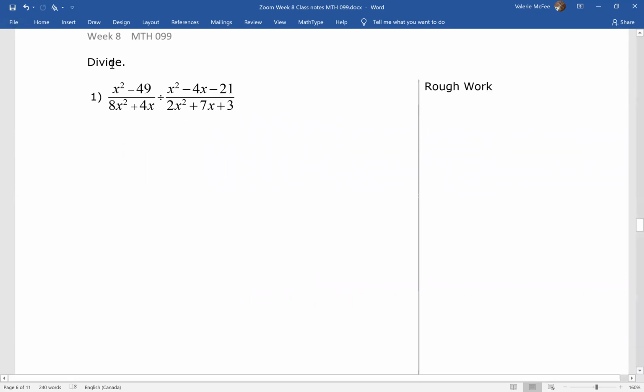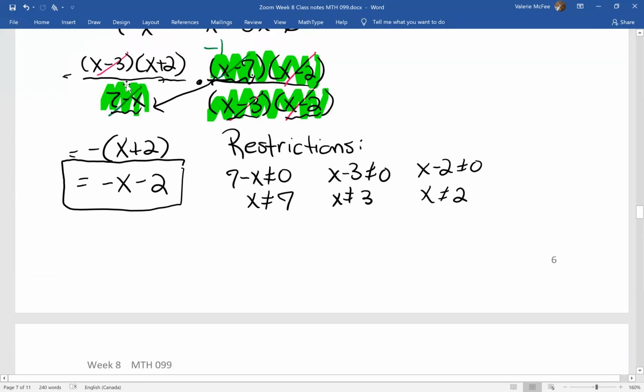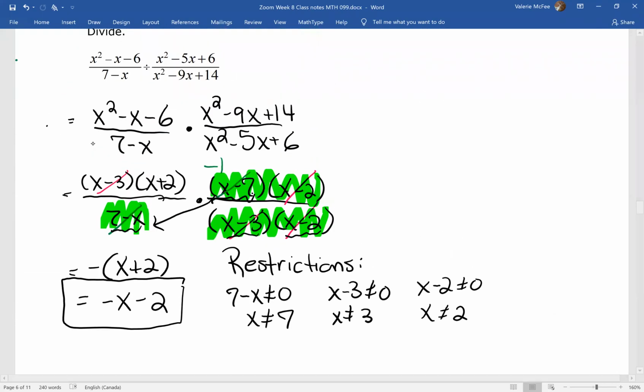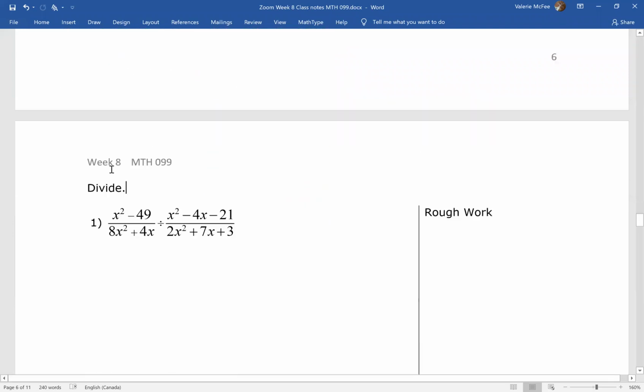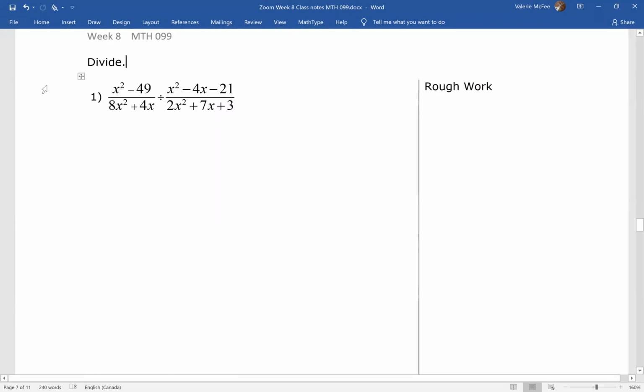I've left you some space here on the side for any rough work, any factoring you need to do, because remember, I don't need to see the work for your factoring here. I just want to see the factored expression. All of that work should be on rough paper. So pause your video, see if you can do this question.